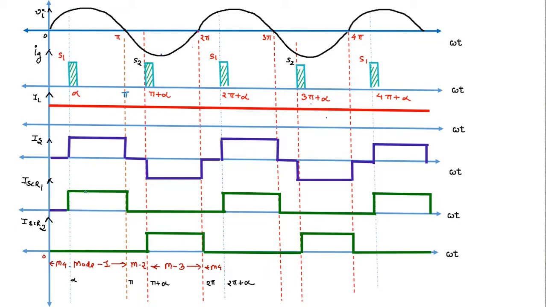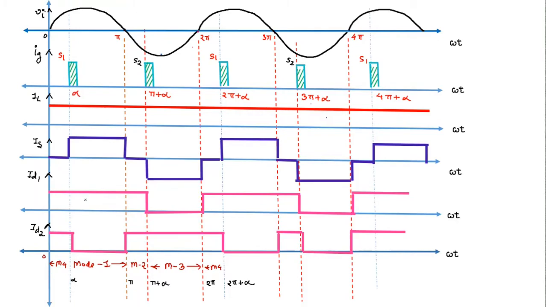SCR current will also be equal to the load current because it is conducting in this mode. So in mode number 1, S1 is on and D1 is also on. What will be the SCR2 current? It is not conducting, therefore between omega t equal to alpha and omega t equal to pi, the SCR2 current will be equal to 0.